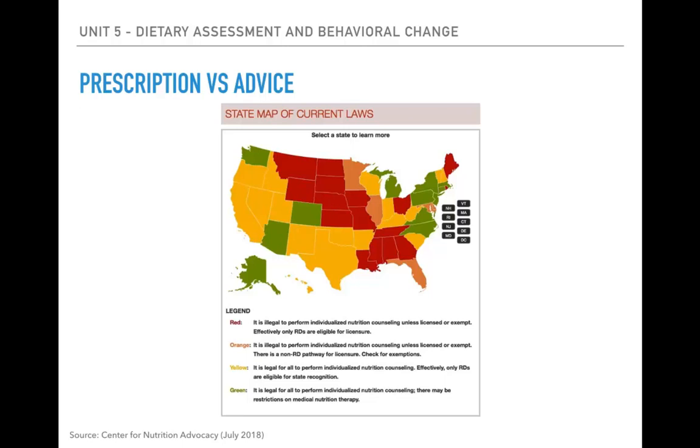Overall, it looks like the momentum is in the favor of the non-RD certs, with states moving towards allowing more people to practice, so long as the certifications are rigorous and require graduate degrees. I know undergrad programs are no longer saying that you need to become an RD to practice nutrition.